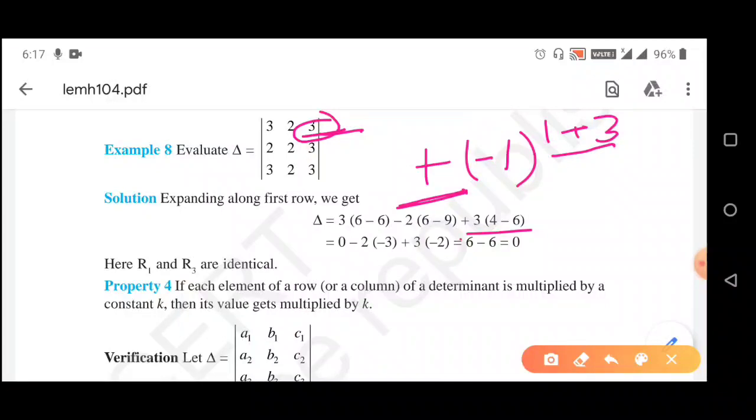So plus 3 into 4 minus 6. That means they have done this calculation in a single line; they have already changed the signs. So the value of the determinant is 0.